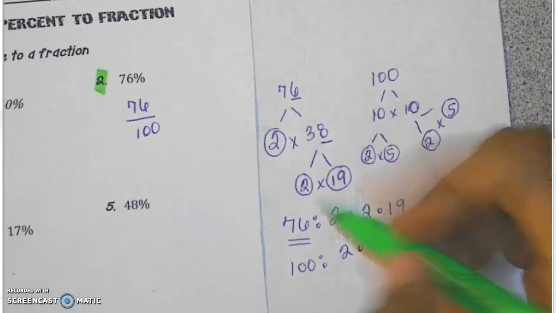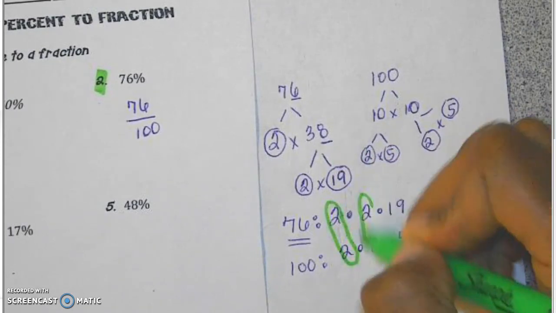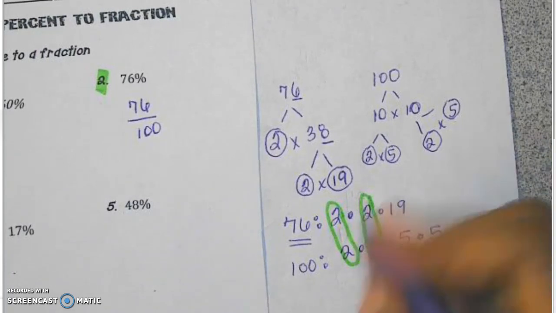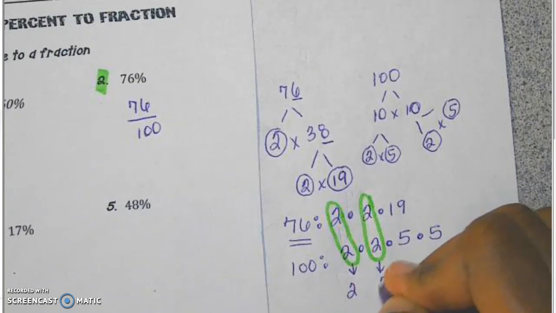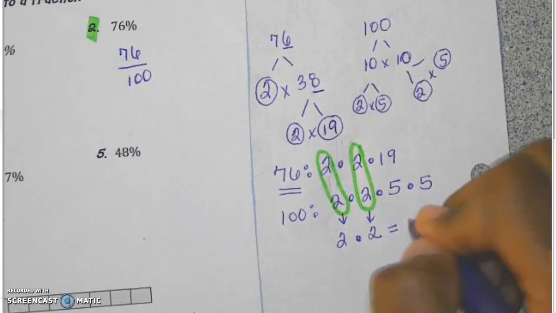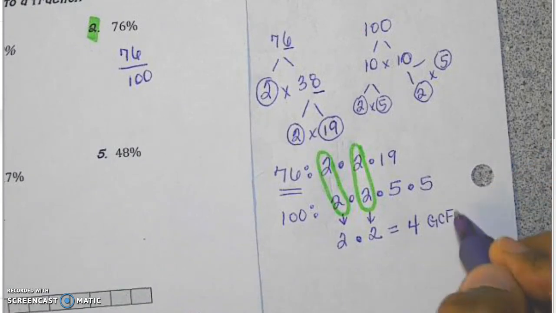What couples do they share? I see a couple of 2 and another couple of 2. Remember, every couple will get an invitation. And the more couples we have, we remember to multiply those together. So 2 times 2 is going to give us 4, which will be our GCF for these two numbers.